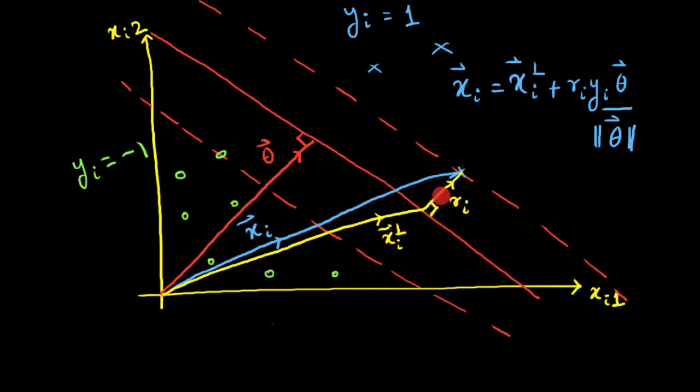That plus 1 and minus 1 is taken care of by this variable yi. So now this is a representation of xi in terms of xi perpendicular and these other parameters. Why we are writing it in this form will be clear to you in a short while.